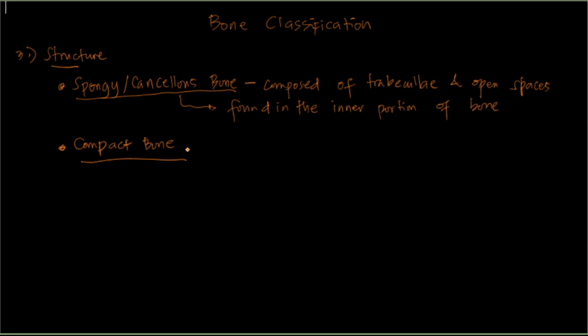These cylindrical units are also called your osteon, or other term for osteon, we have your Haversian system. Okay, they are formed by osteon or your Haversian systems.